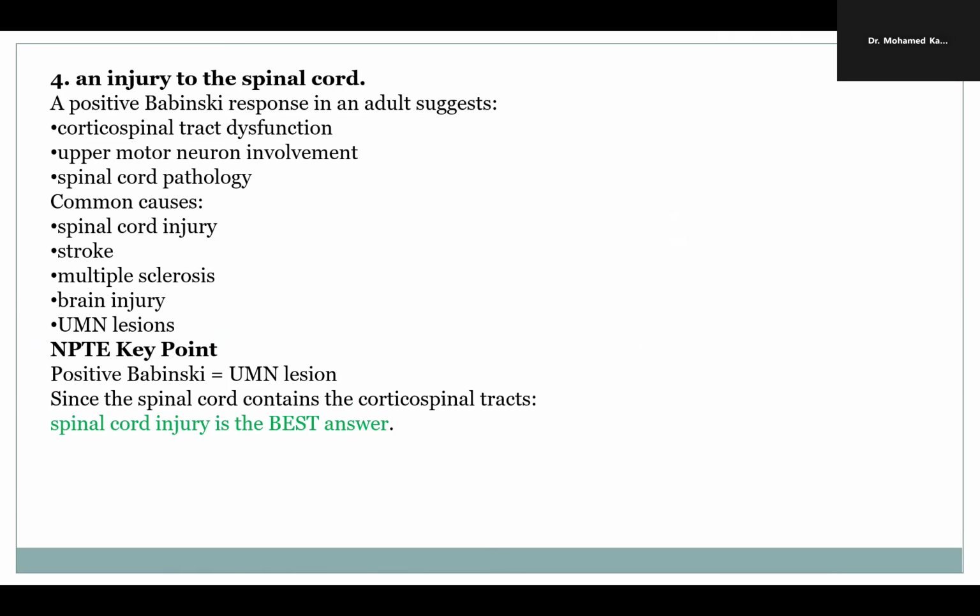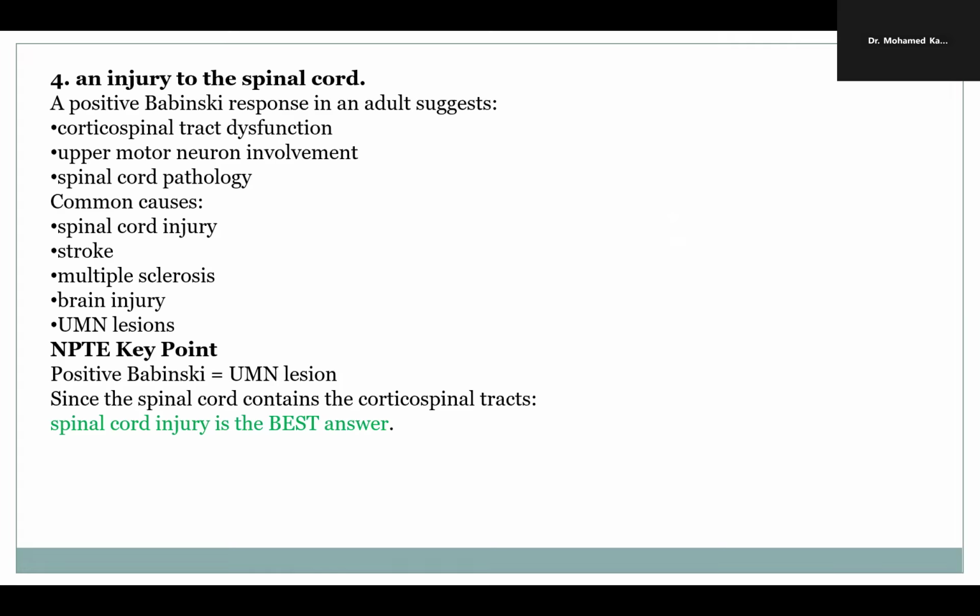Option number four. Again, in adults, this might indicate corticospinal tract dysfunction, upper motor neuron involvement, spinal cord pathology. The common causes could be spinal cord injury, a stroke, multiple sclerosis, brain injury, or any other upper motor neuron lesion.